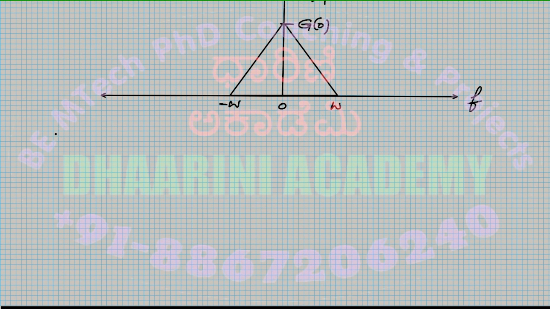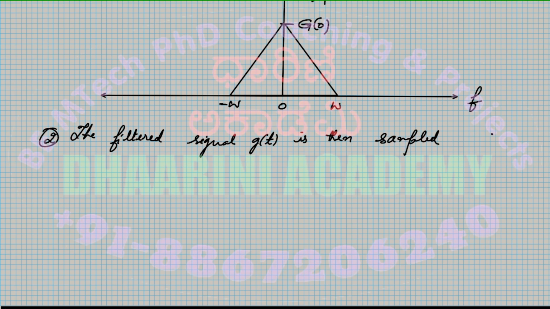So I think I can write this as step number two, right? The filtered signal g of t is then sampled using a train of impulses.